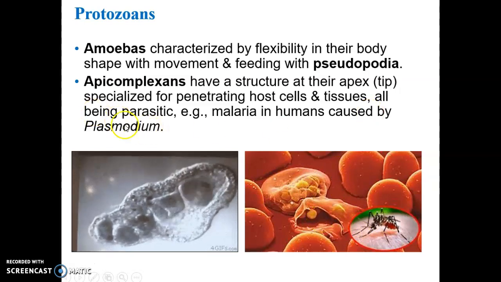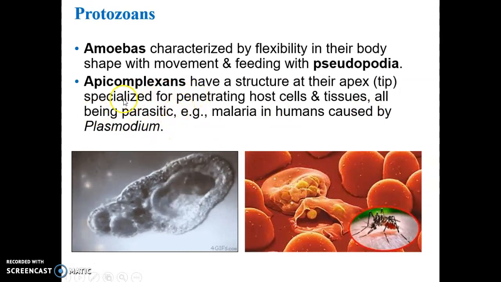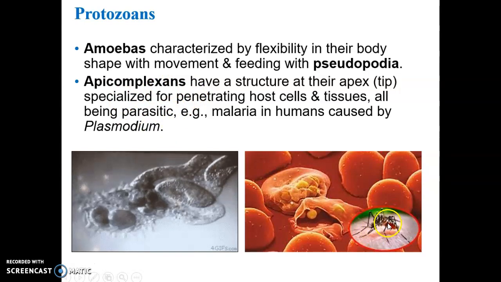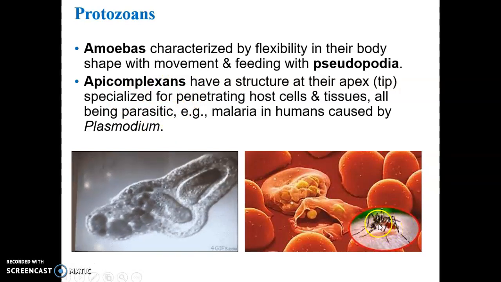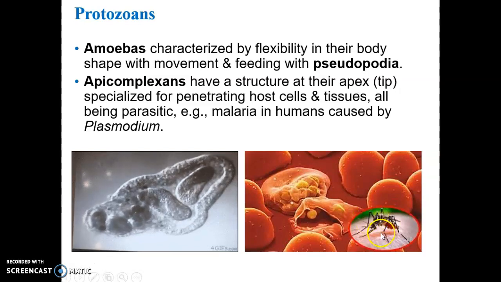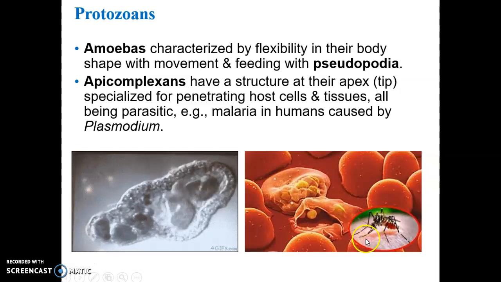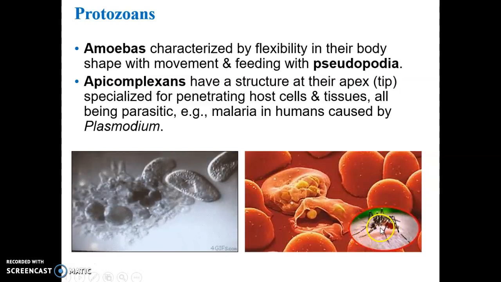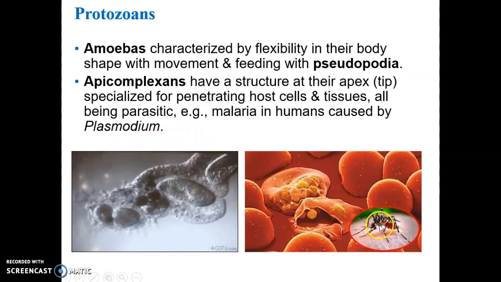For example, Plasmodium is an apicomplexan, and the Plasmodium is transferred into humans by the vector, which is a mosquito in this case. So again, the vector is something that will transmit something, usually a pathogen or a disease. So if the mosquito has bitten someone who has Plasmodium, it gets into the mosquito's gut.